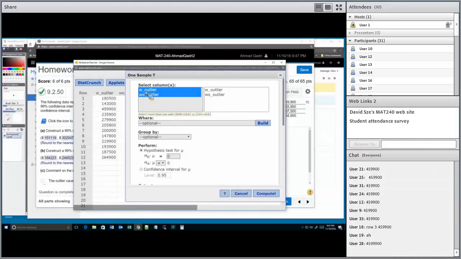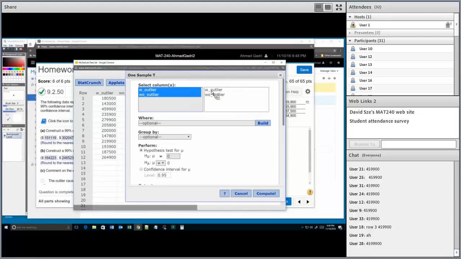Now this looks different because remember, we don't know the mean and the standard deviation, right? We can calculate them using the sample, but we'll just let StatCrunch do it for us because we selected the option with data, not with summary data. So it's going to calculate the mean and the standard deviation in the background. That's why all we have to do is highlight the columns.